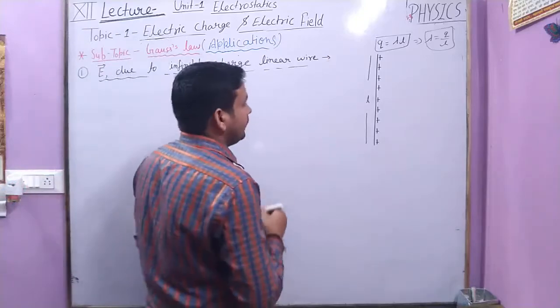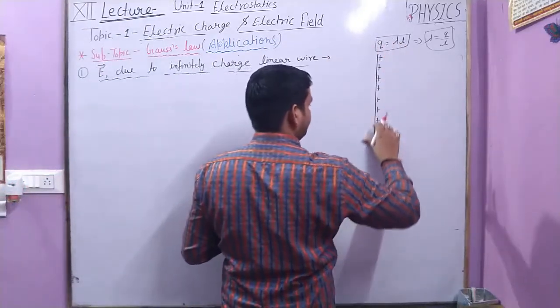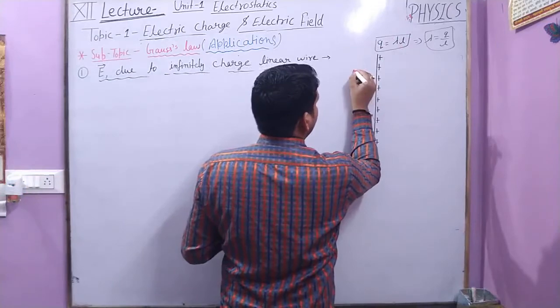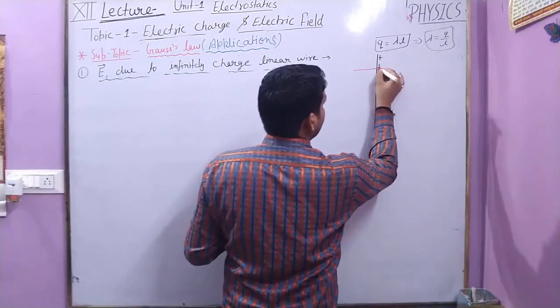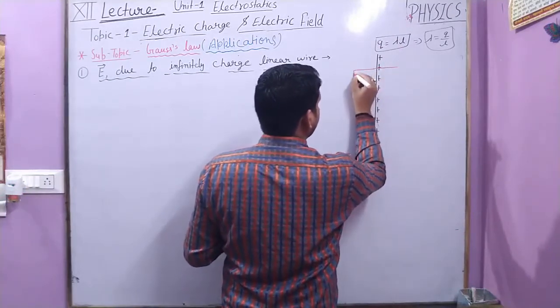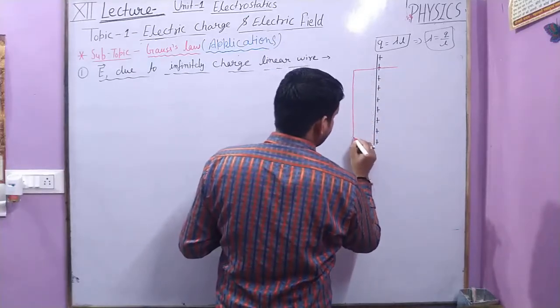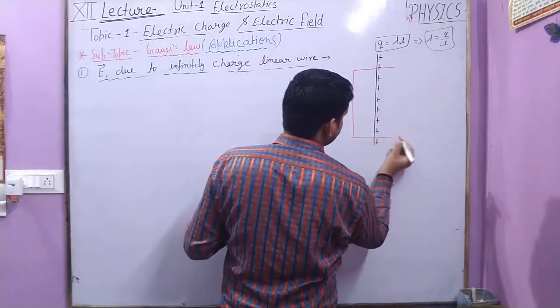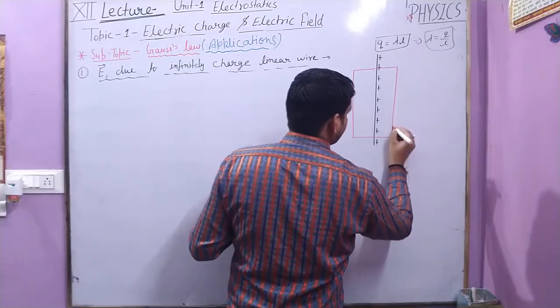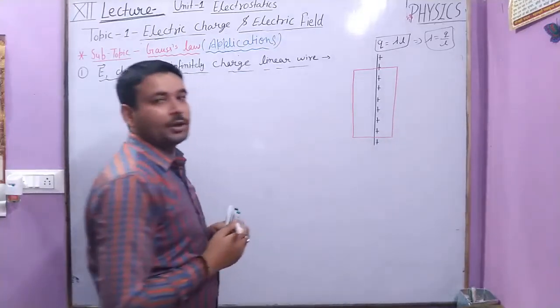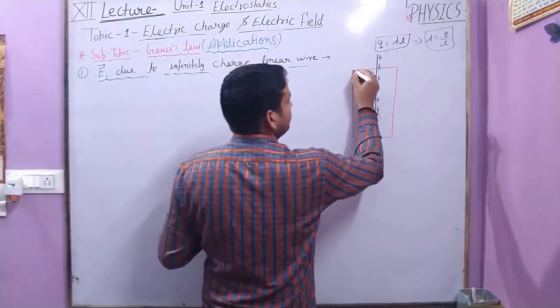As explained, for a linear charge distribution you need to take a cylindrical Gaussian surface.